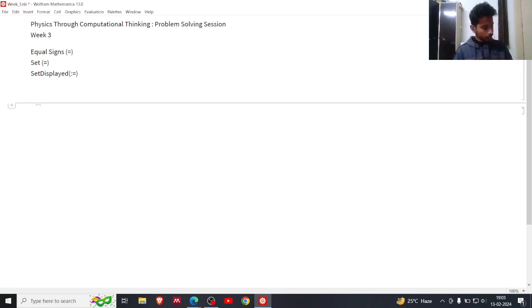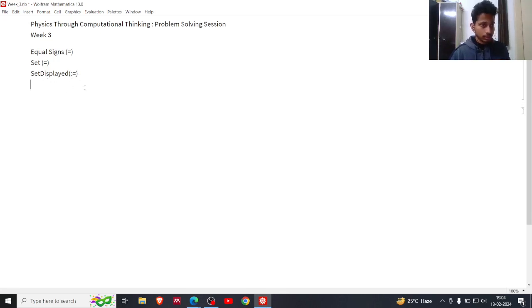Set defines an expression to be displayed upon execution, so it can be checked for errors, and the SetDelayed command defines an expression that must be manually displayed. The result of the command will not appear when you enter the equation for SetDelayed.